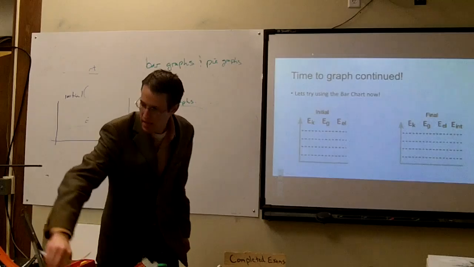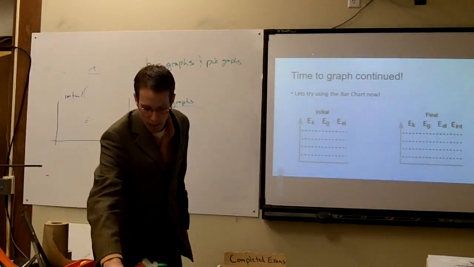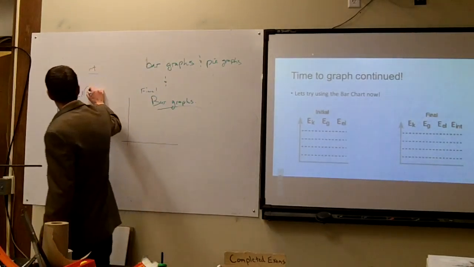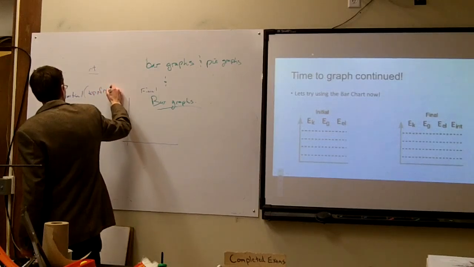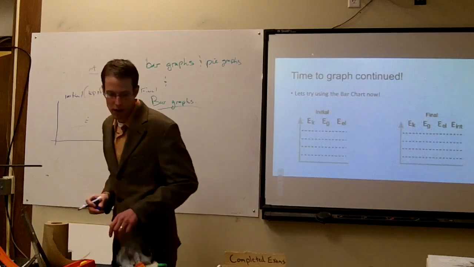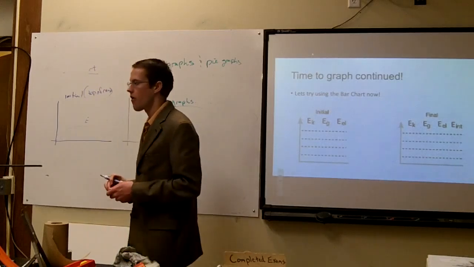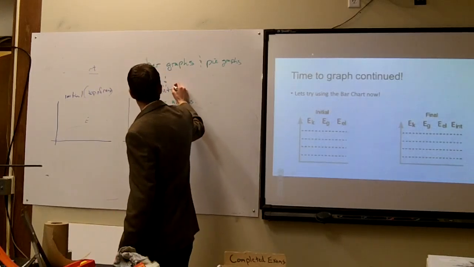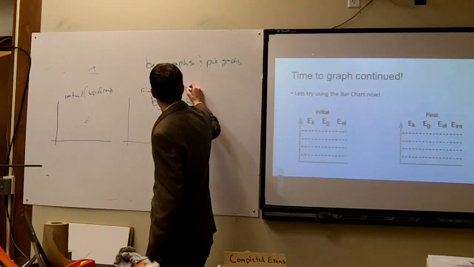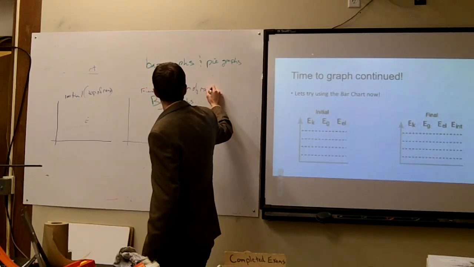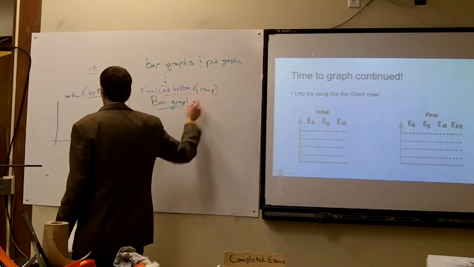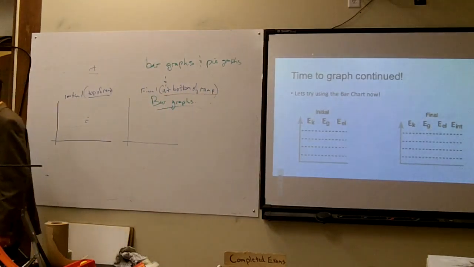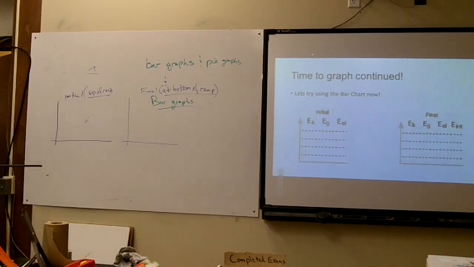We're at the top of the ramp, or top of the roller coaster. When we're doing our final, we're at the bottom. At bottom of ramp. Okay? Make sure you get that in your notes. Things that I put in here like that, you need to get in your notes as well. It'll make more sense.